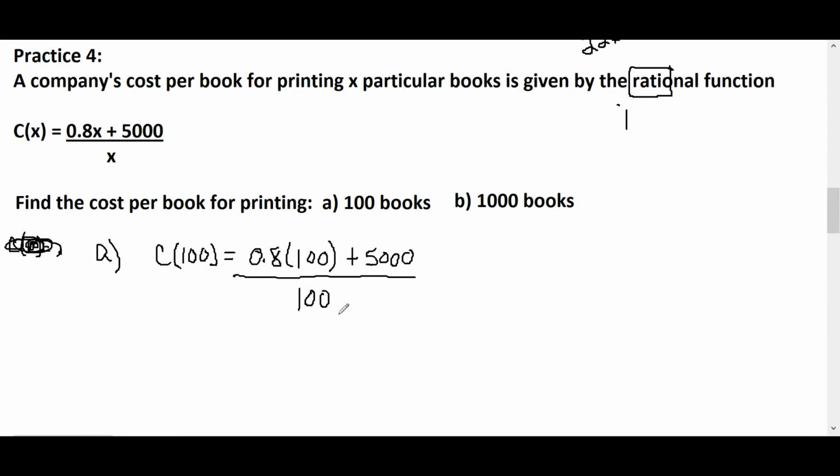Okay, so in my calculation, 0.8 times 100 is 80 plus 5,000, so that's 5,080 divided by the 100. And when I divide this out, divided by 100 should be 50.8.